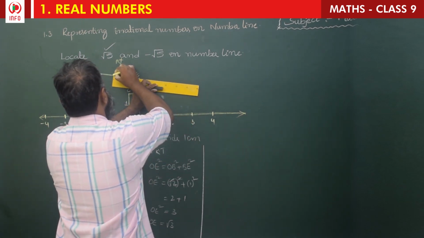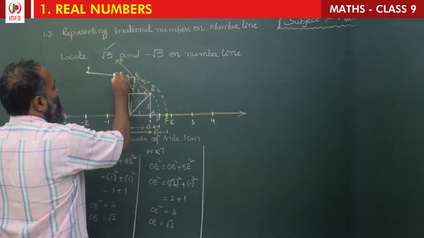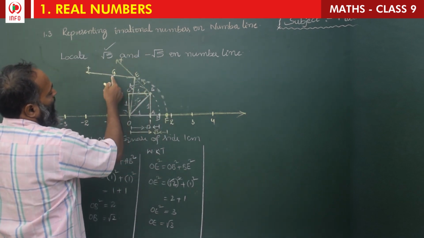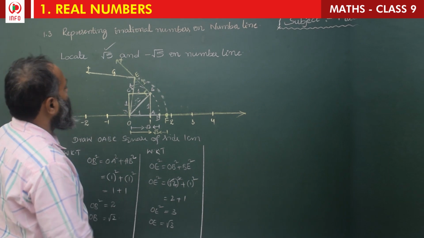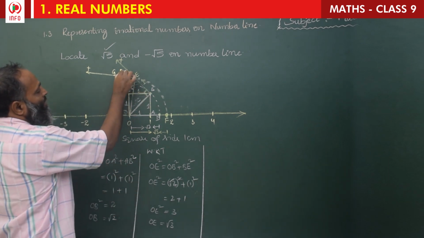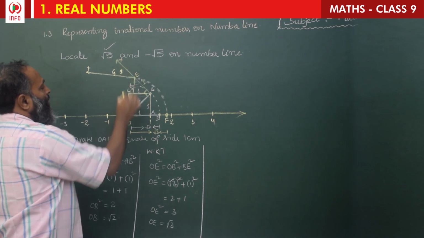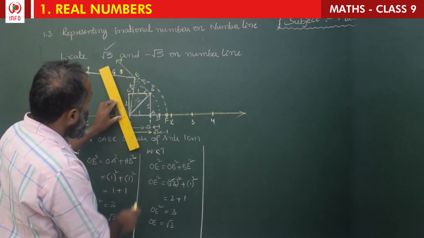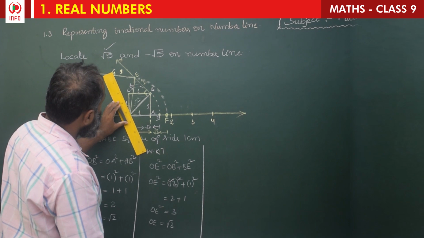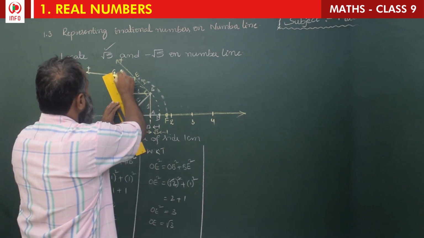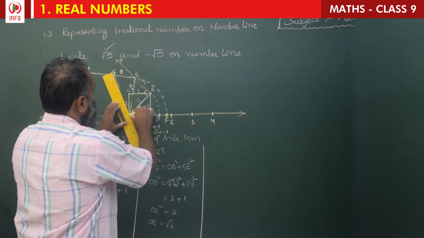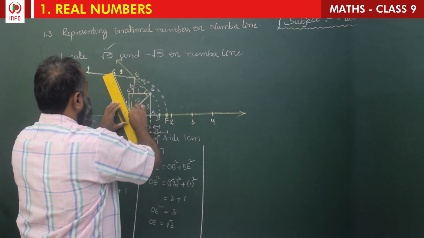So mark a point on EX, so that EX is 1 unit. Now join OG.